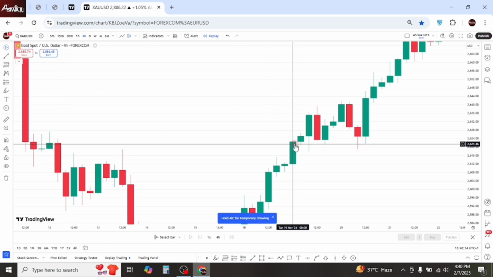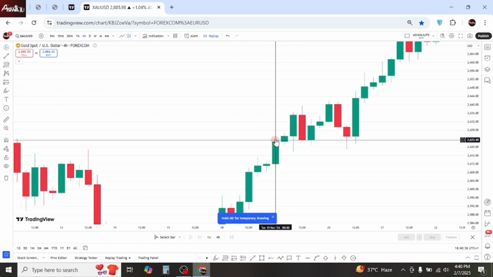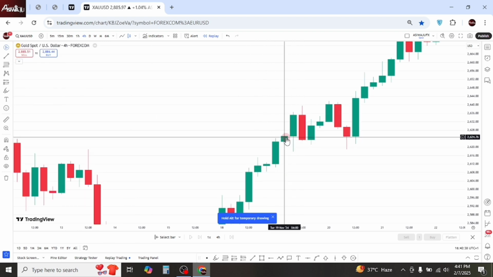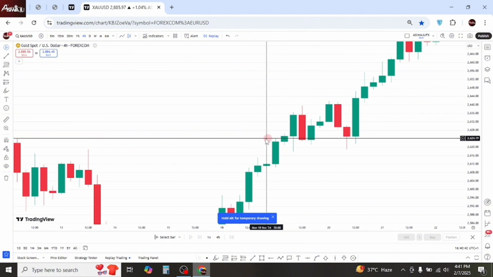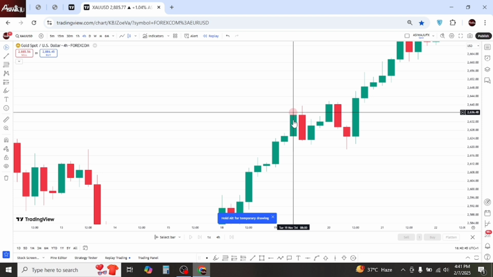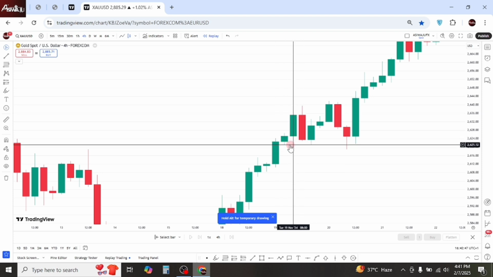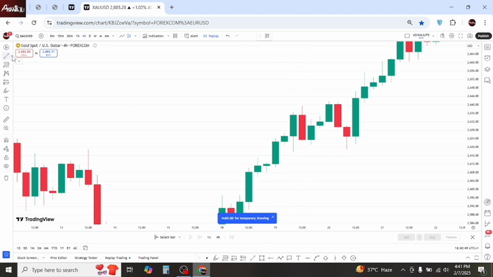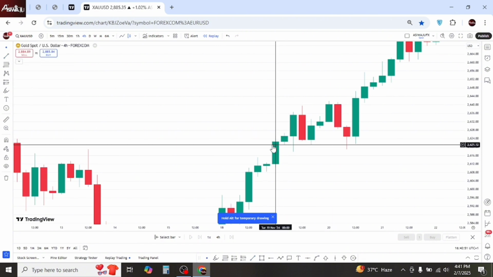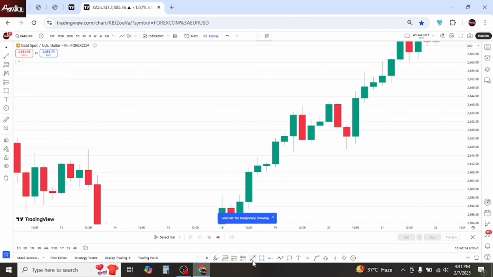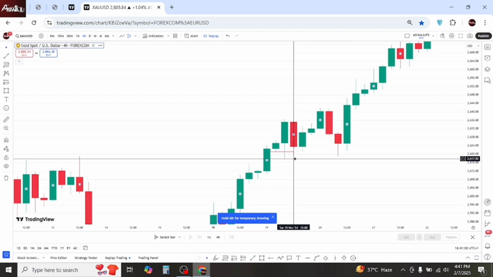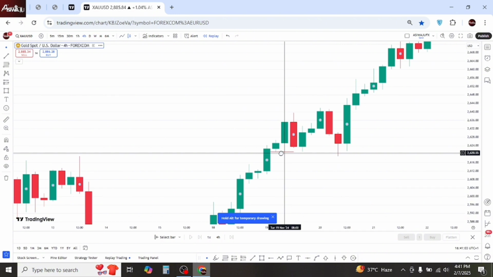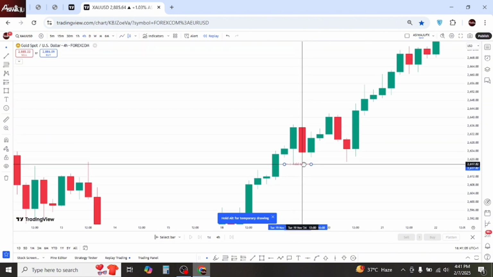And the next candle pulled back and took out this small candle, which makes it a valid pullback. It took out the low of this small candle and continued to the upside. So this makes this a valid pullback. Then this point becomes our inducement point.